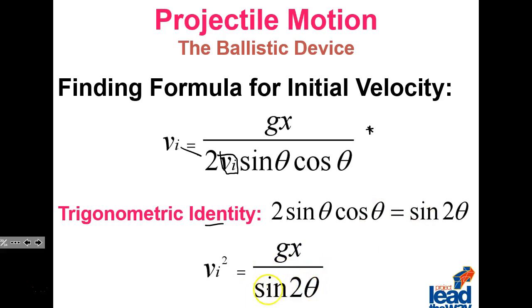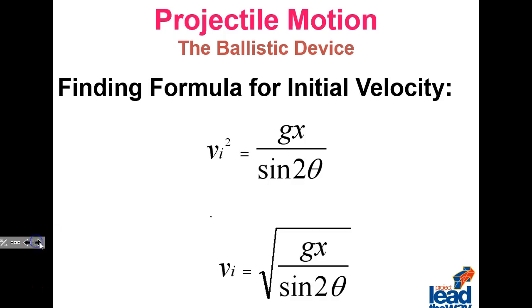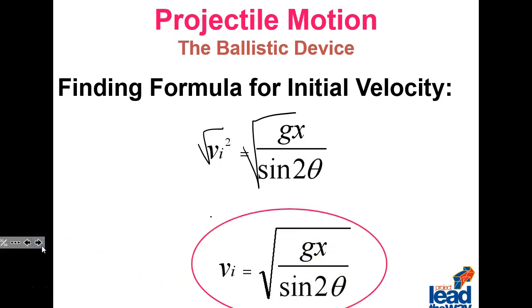This is the way you would handle this in a calculator: if the angle is 45 degrees, you would say 2 times 45 degrees and then take the sine of it. So our final equation, if we are solving for just vi, taking the square root of both sides, vi is equal to the square root of gx over sine 2 theta.